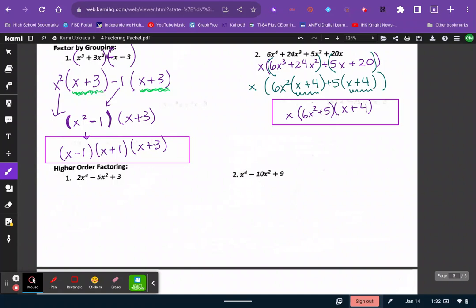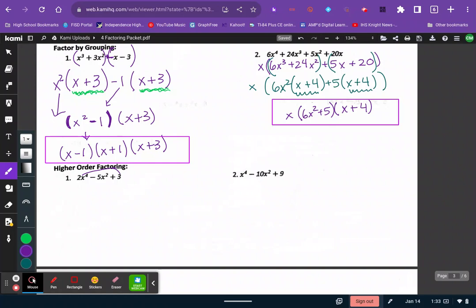Second step, I count how many terms I have, and I have 1, 2, 3. I have 3 terms. According to my flow chart, 3 terms is a trinomial, and that's when I'm factoring like CAB or a box method. So whichever is your favorite, regardless, you will multiply the first and last terms together.